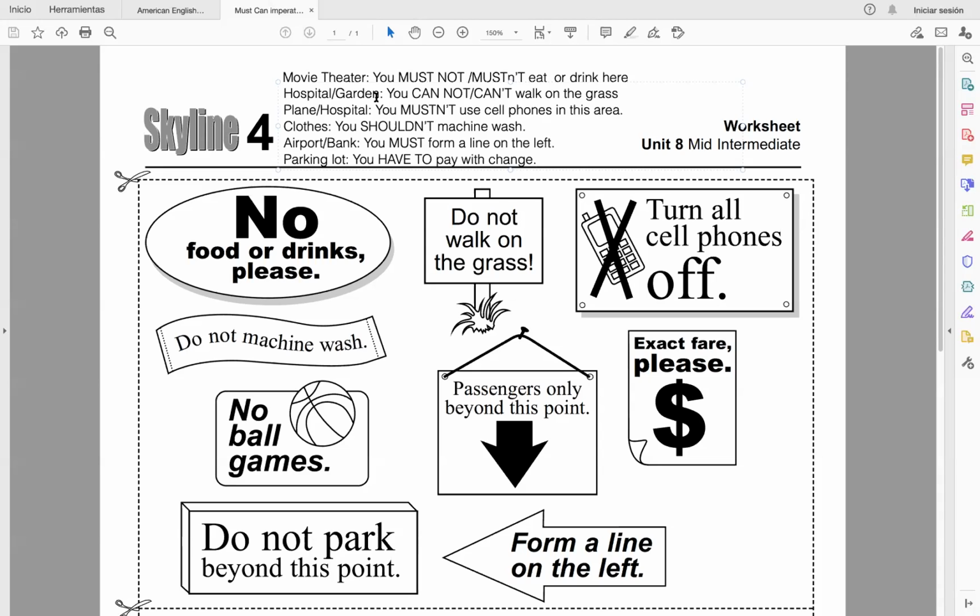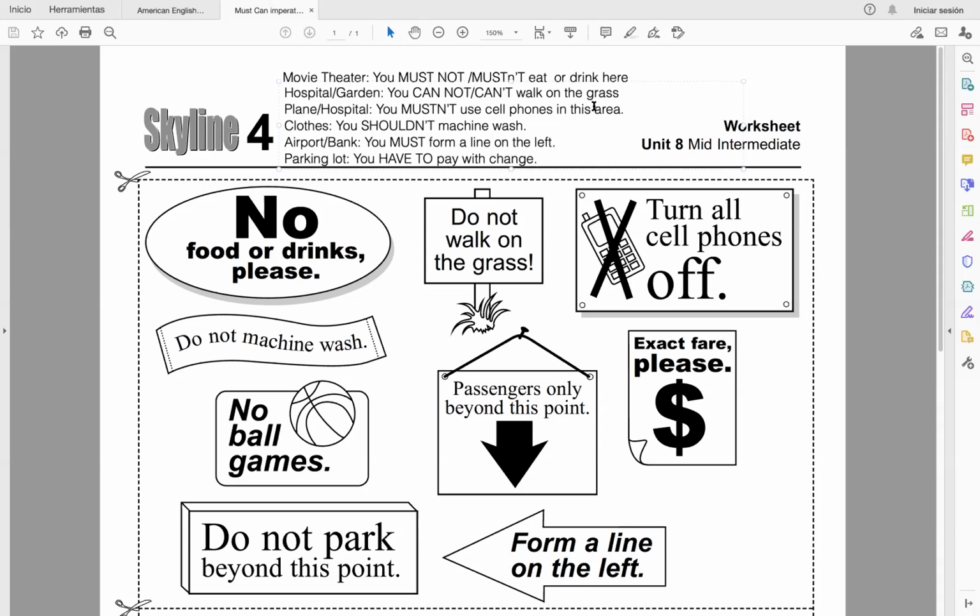For example, look at the first one in the movie theater. It says, you must not eat or drink here. What is that? It's an obligation, a prohibition, a suggestion. What is it?